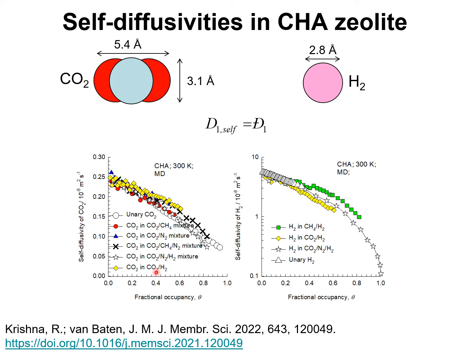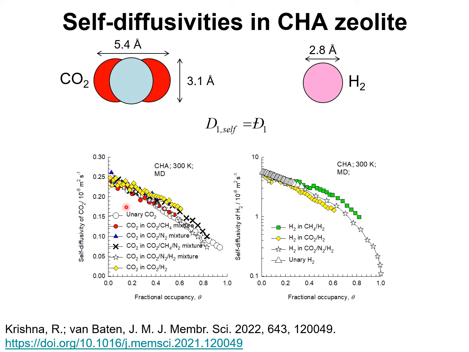This graph shows the self-diffusivity of CO2 in MD simulations for pure CO2, shown by the open circles. The red circles show the self-diffusivity of CO2 in CO2-methane mixtures.